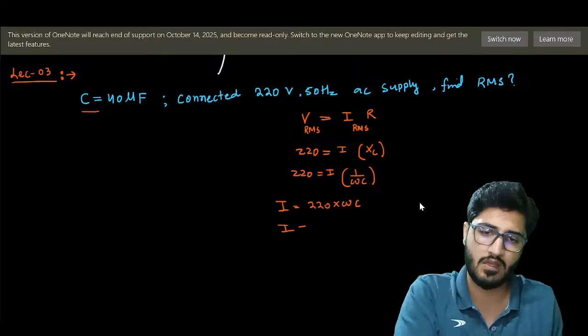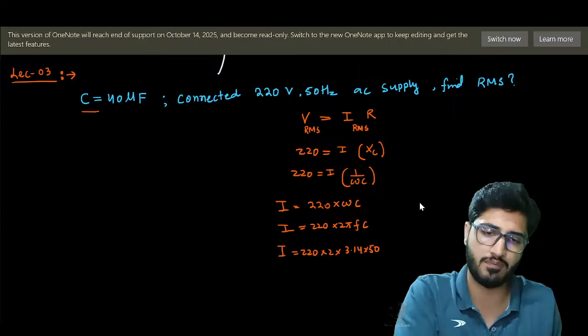I equals 220, what is omega? It is 2 pi f into C. I equals 220 into 2 into 3.14, frequency is 50, then C is 40 times 10 to the power minus 6.